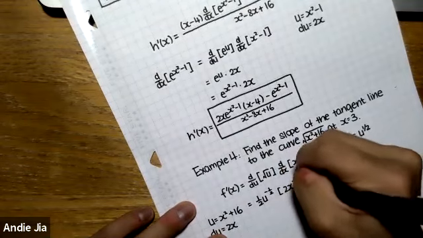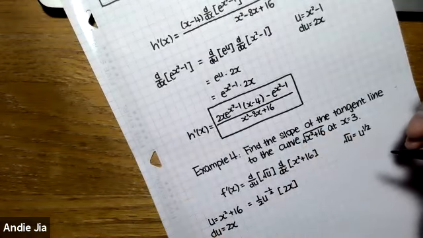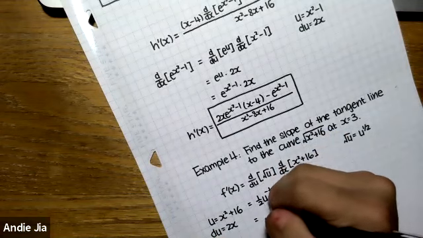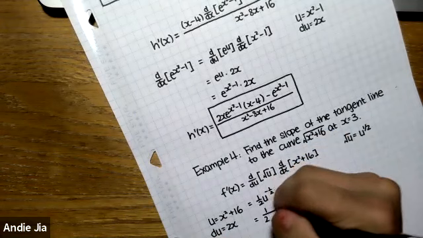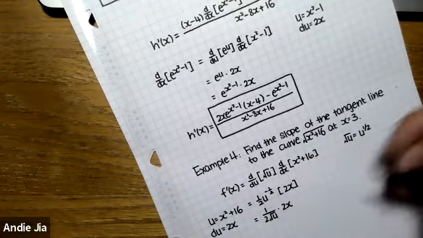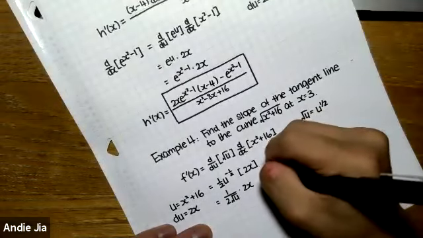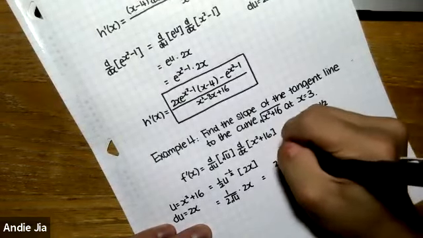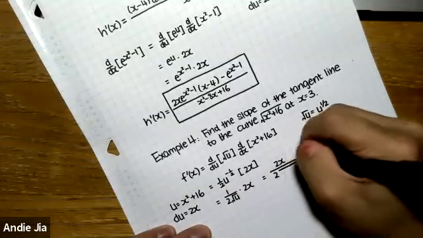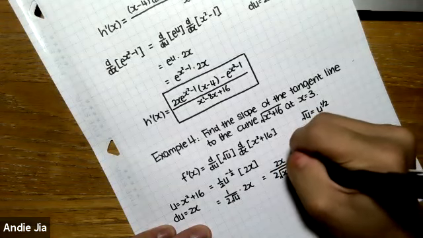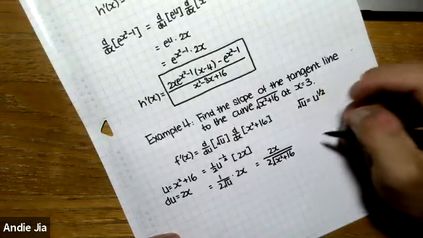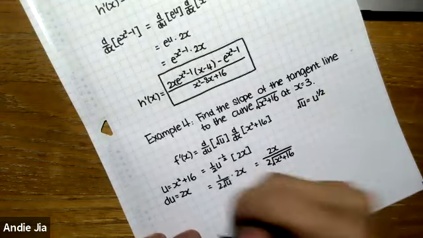Okay, 2x. We have f prime of x is 2x over 2 square root of x² plus 16.